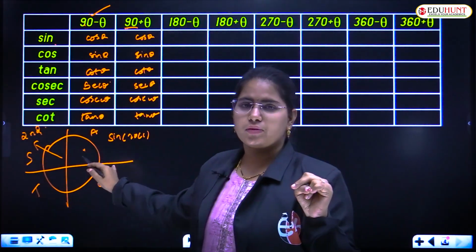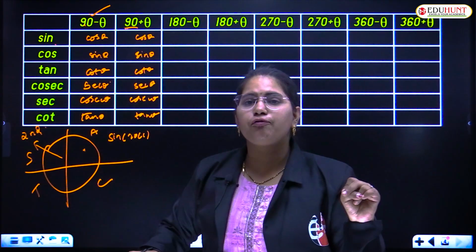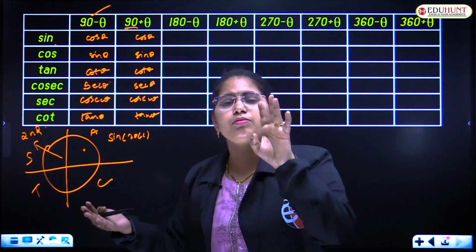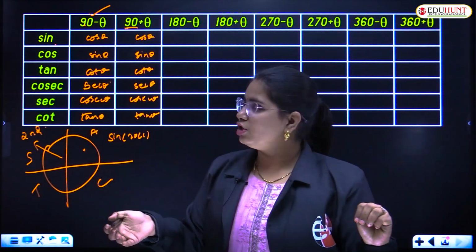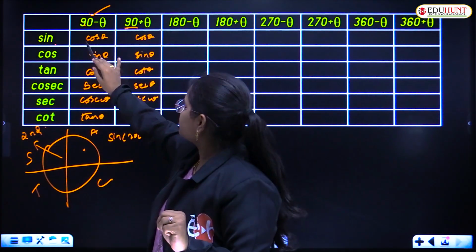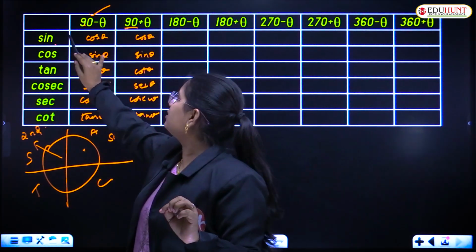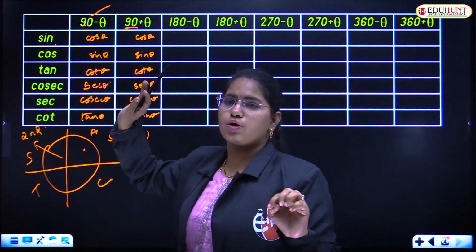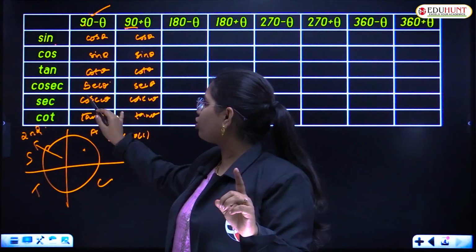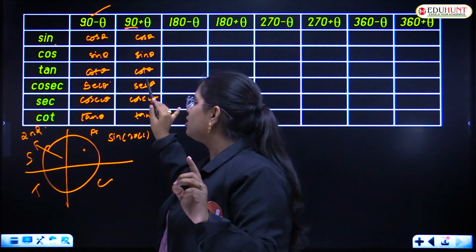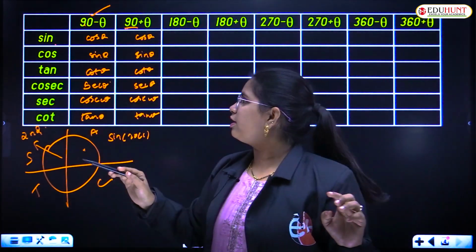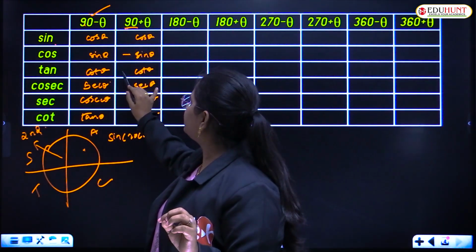Except these, the rest of the 4 trigonometric ratios become negative in the second quadrant. So sin(90 plus theta) is positive cos theta, and cosec(90 plus theta) is positive secant theta. The rest all become negative.